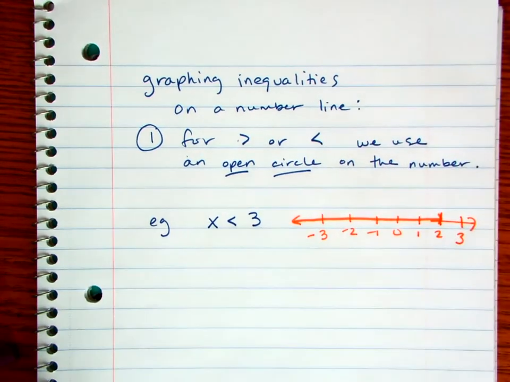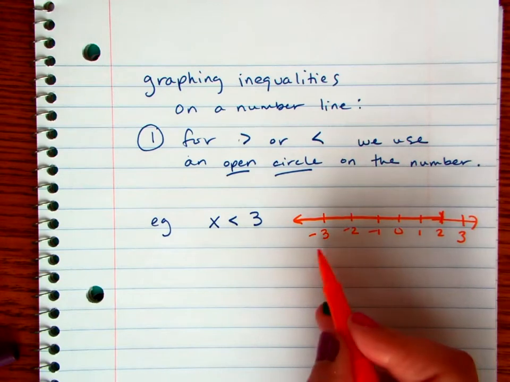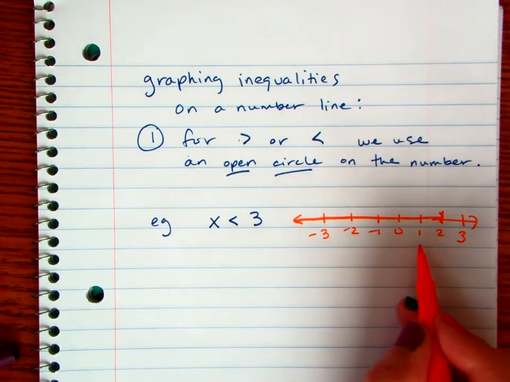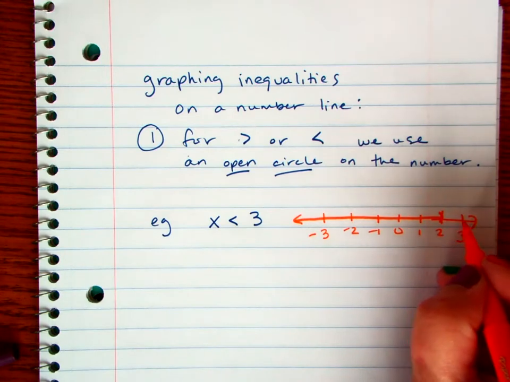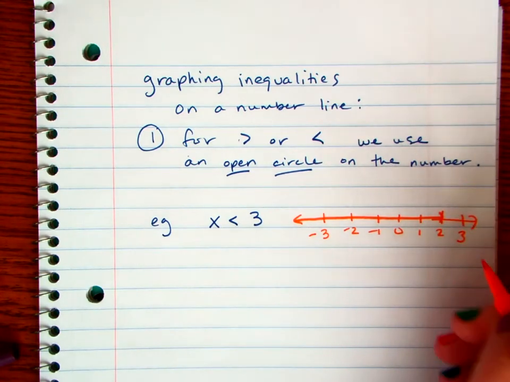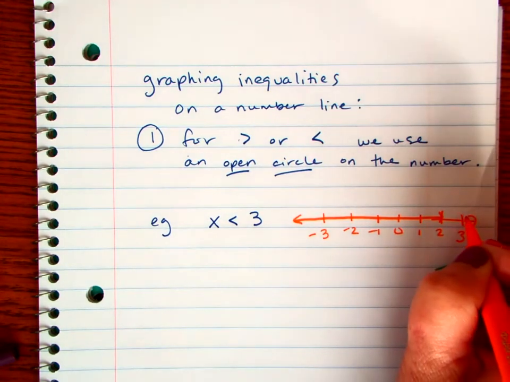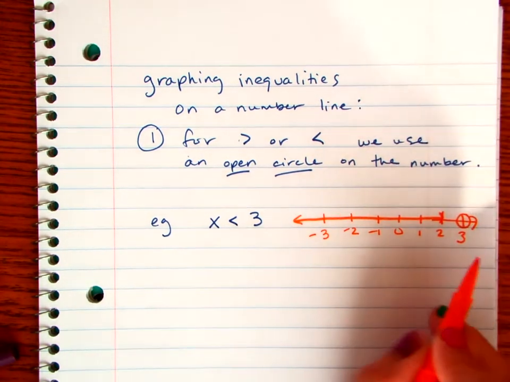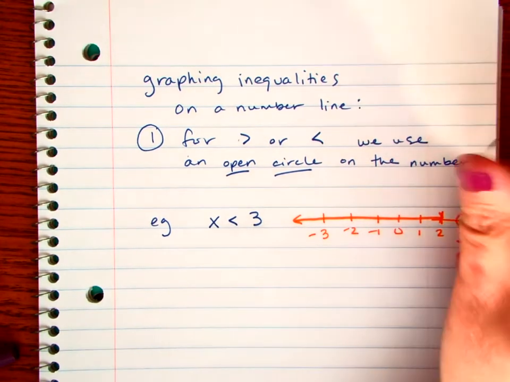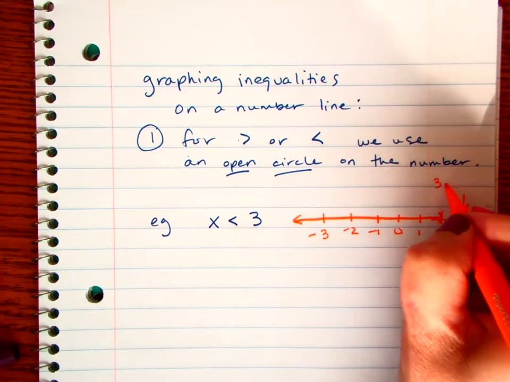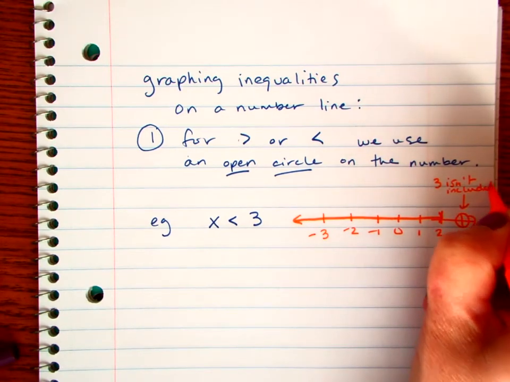So I have this long number line, and anything in this direction is going to be less than 3. 2 is less than 3, 1 is less than 3, 0 is less than 3. In fact, anything in between 2 and 3 is also less than 3. But 3 itself is not less than 3. So what we do there is we make an open circle. That open circle shows that we're not actually including the 3. So 3 isn't included, but everything less than is.